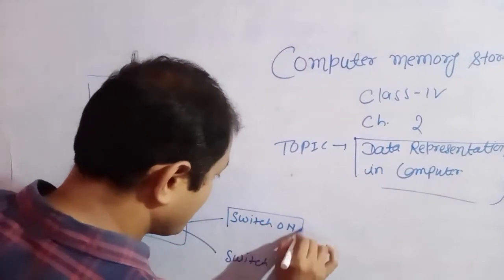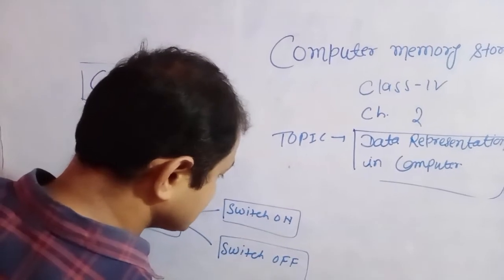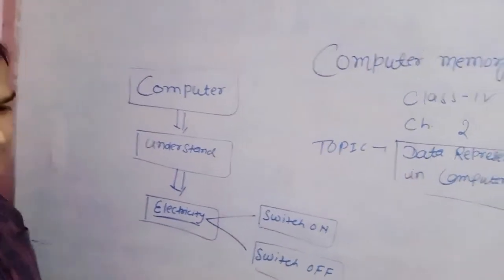These are the two types of mode of the electricity, the switch on and the switch off.